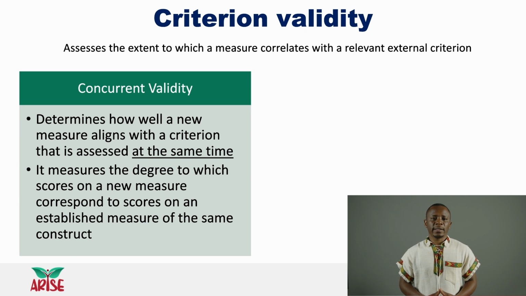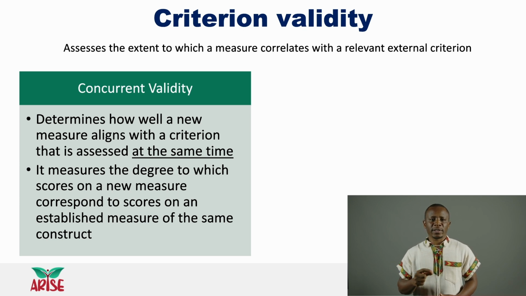Concurrent validity determines how well a new measure aligns with the criterion that is assessed at the same time. In other words, it measures the degree to which scores on the new measure correspond to scores on the established measure of the same construct.